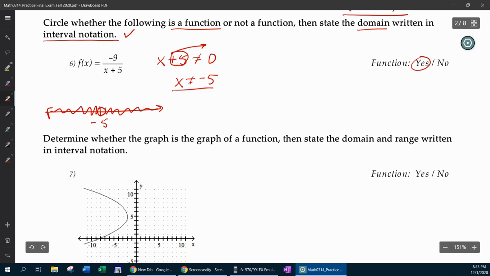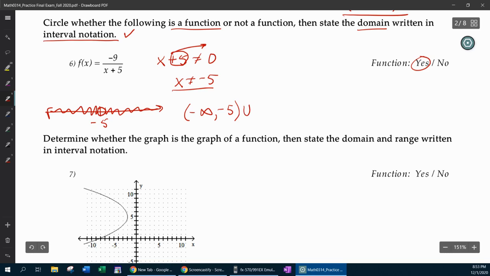our interval notation, okay? Remember, if you have the number line, you simply look at the shading from left to right, and that gives your interval notation. So this shading starts at -infinity, and it goes all the way up to -5, but -5 is not included, so we use a parenthesis.